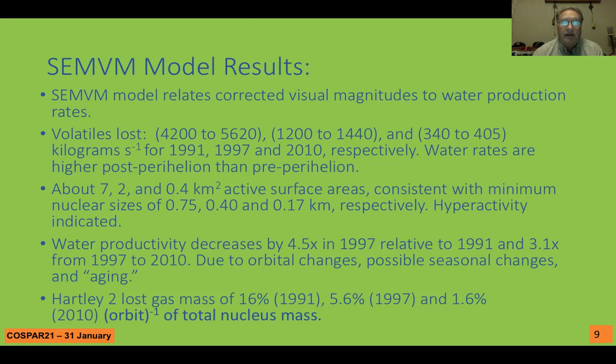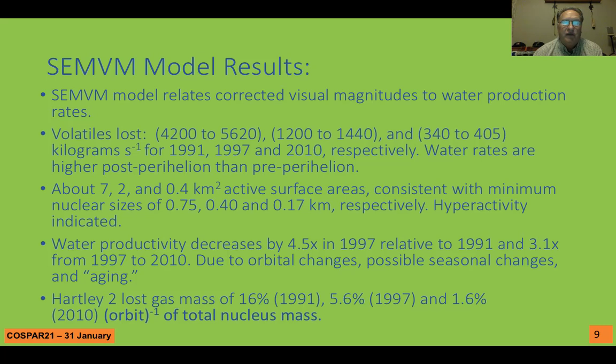We also were able to calculate active surface areas in square kilometers, and I summarized these as you saw in one of the figures before. We find that on average about 7 to 0.4 square kilometers were found to be active surface areas, consistent with minimum nuclear sizes of about 0.75 kilometers, 0.4 kilometers, 0.14 kilometers, respectively for each apparition.